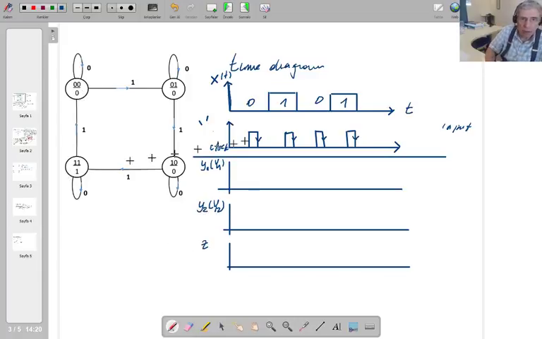So from that, what it says, our present state is 1, 1 before the first clock pulse comes. So let me make it this.